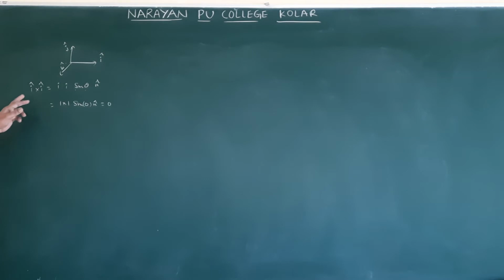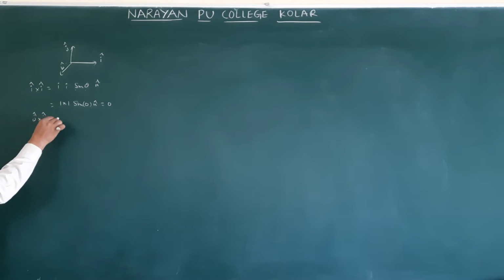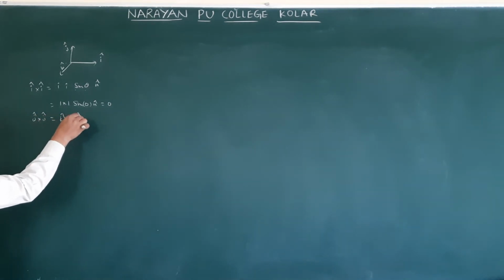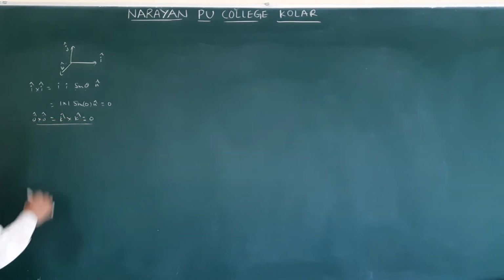Therefore i cap cross i cap is always 0. Therefore j cap cross j cap and k cap cross k cap are also going to be 0.